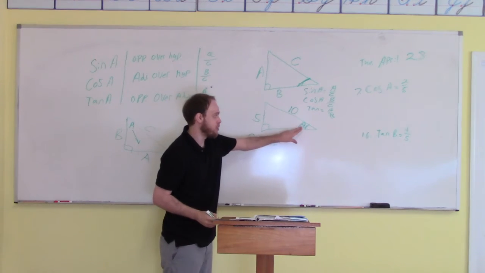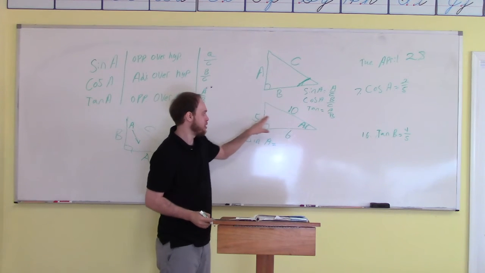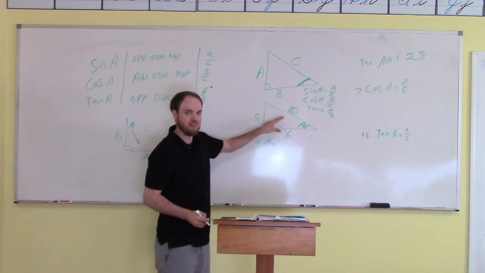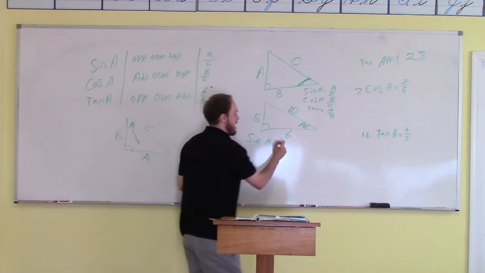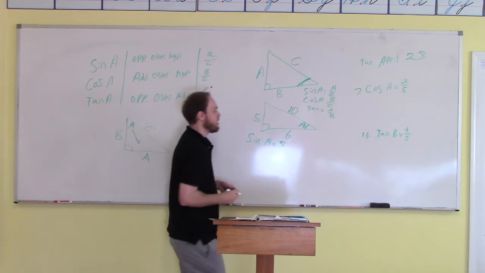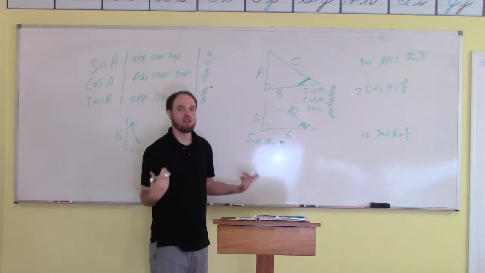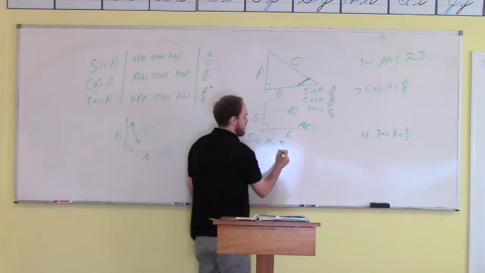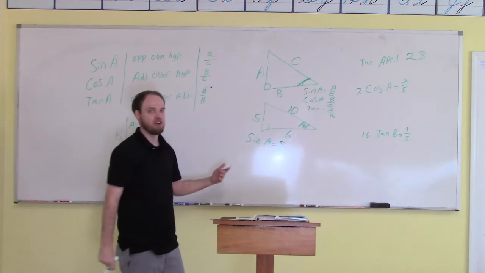The leg opposite of A would be the 5, over, and the hypotenuse is always opposite of the right angle, so 5 over 10. So sine of A would be 5 over 10.